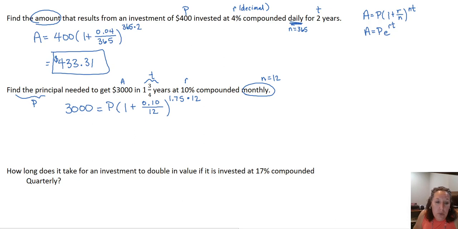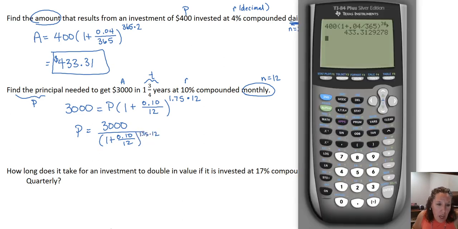Now you can do this in 2 steps. You can find what's multiplied by the P and then do 3,000 divided by that, or you can plug in your calculator 3,000 divided by that exponential part. I'm going to go ahead and do it in 2 pieces.